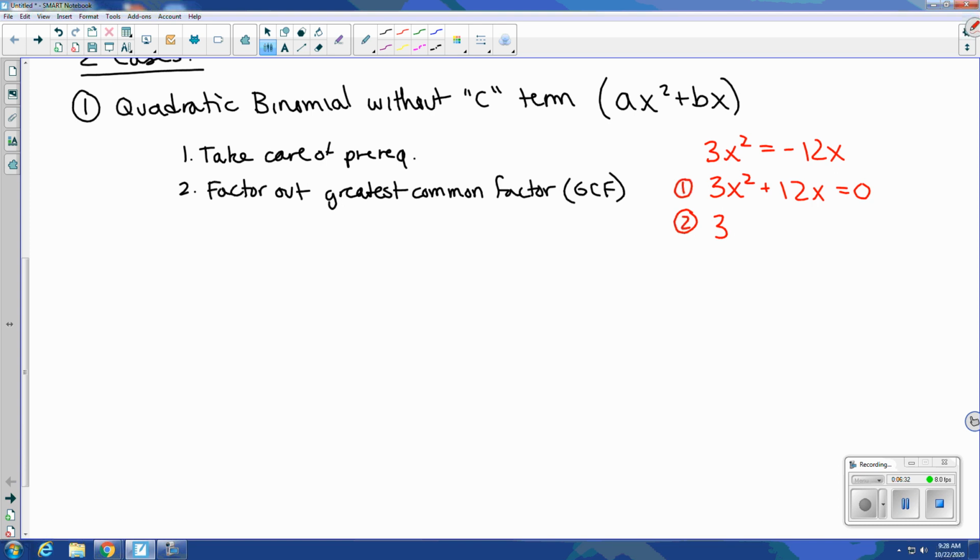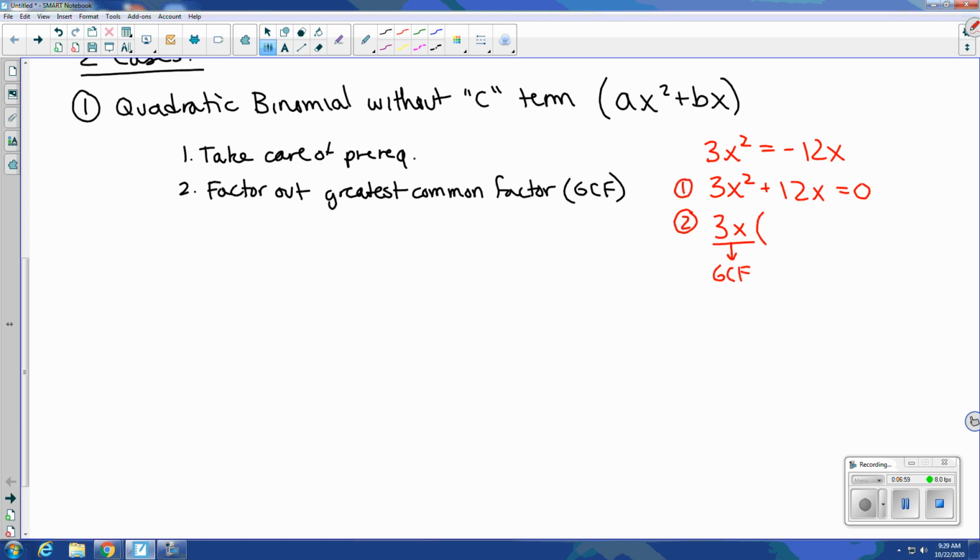You must also look at the variable portion of each term. I have x squared in the first term and x in the second term. I'm asking myself, what is the largest variable by which each term is evenly divisible? The largest one is x. So I pull out a 3x, and this represents the GCF.